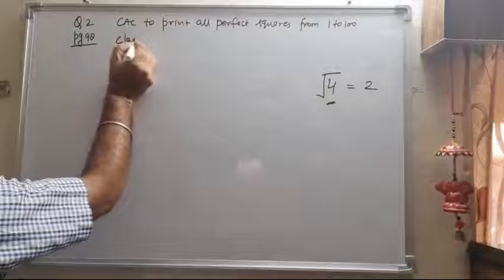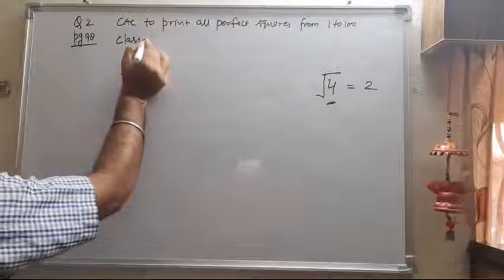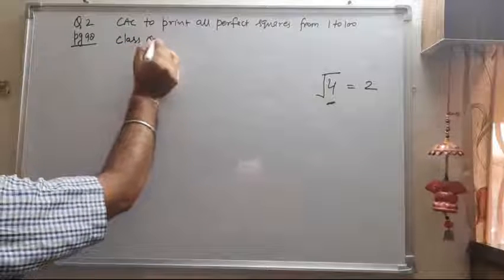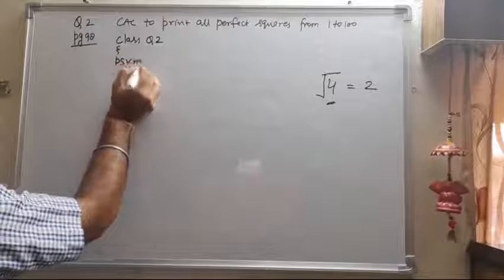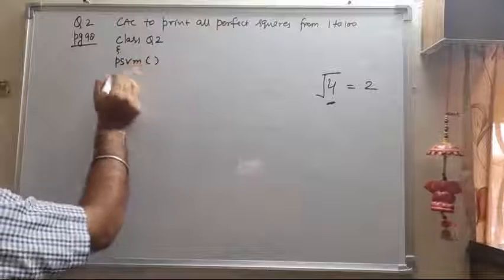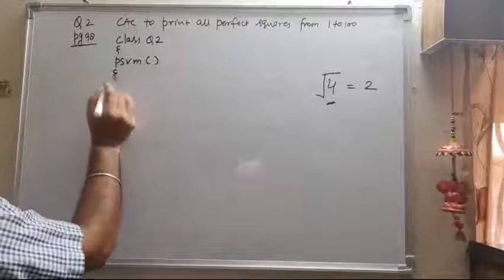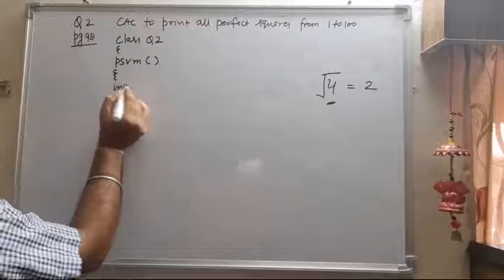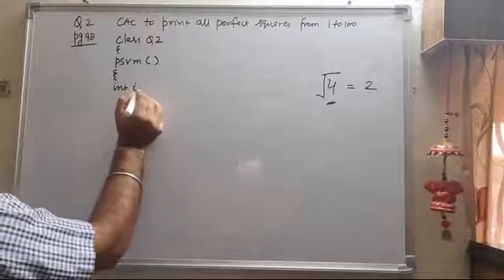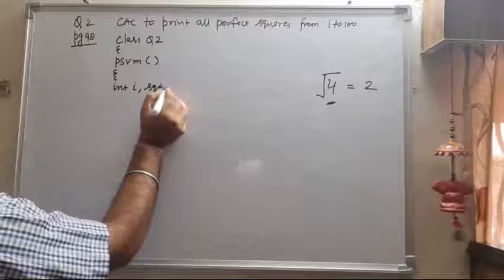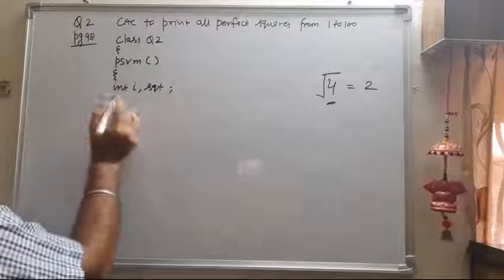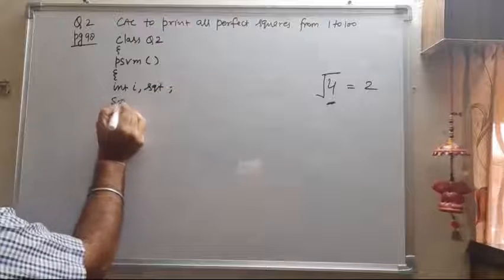Class, suppose question 2, public static void main. We'll take some variables such as int i, sqt, one variable, and we'll print a message.